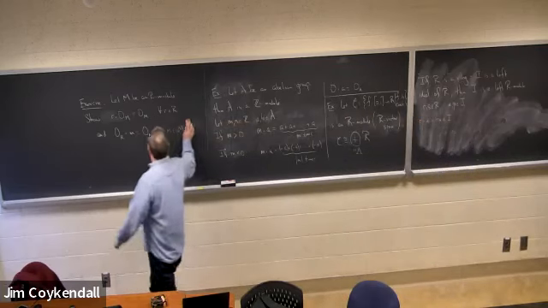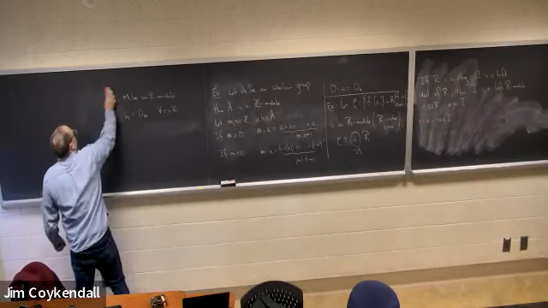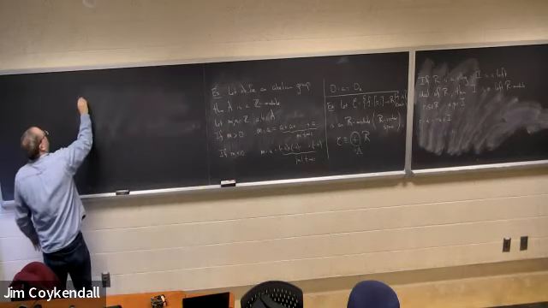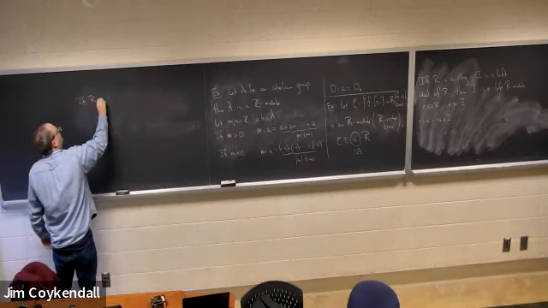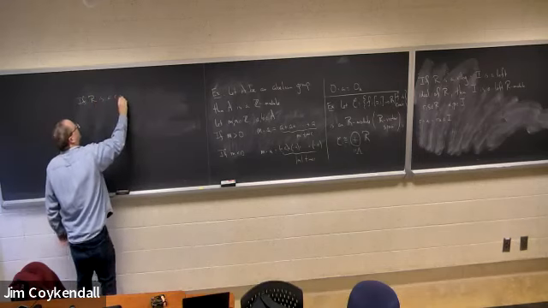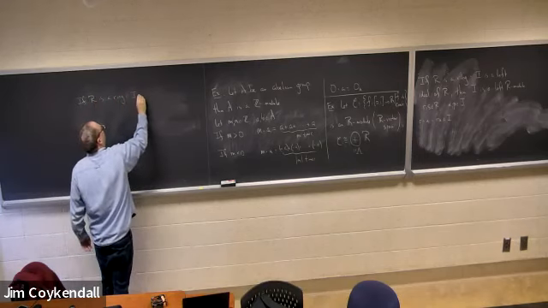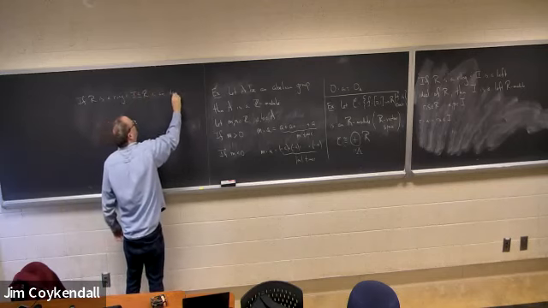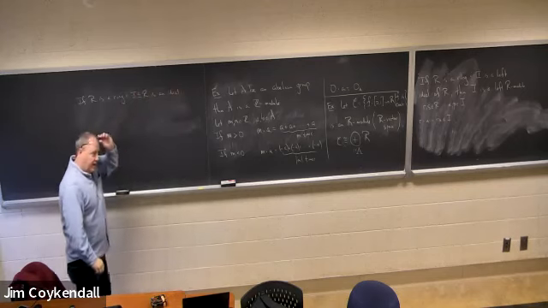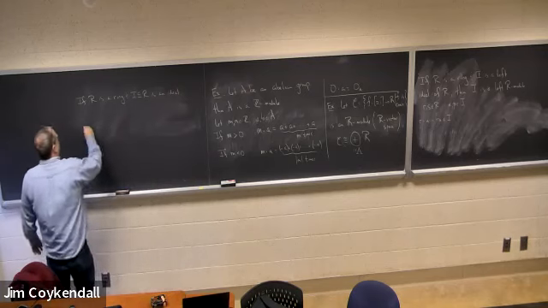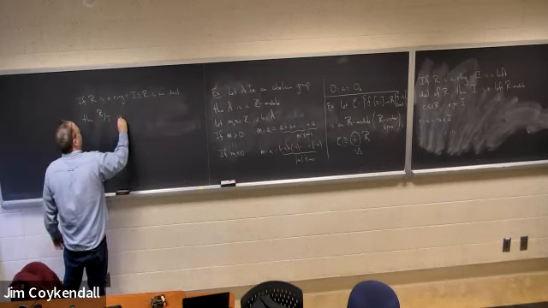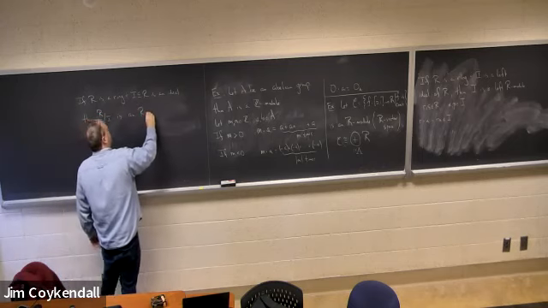Here's another one. If R is a ring and I in R is an ideal, this time a two-sided ideal, then R mod I is an R module.